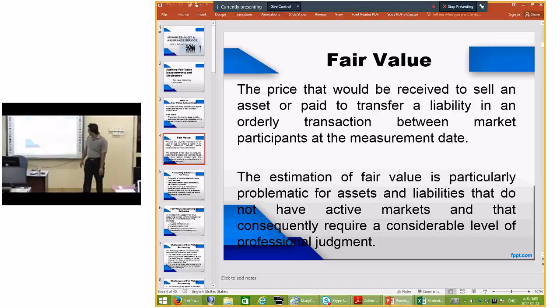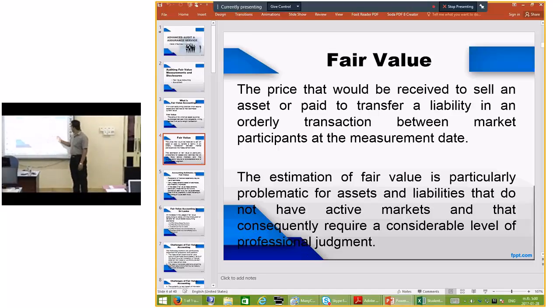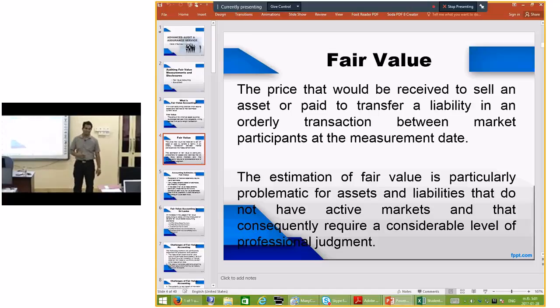Right, as we discussed, the estimation of fair value is particularly problematic for assets and liabilities that do not have active markets and consequently require a considerable level of professional judgment. If you don't find an active market for those assets and liabilities, then definitely we have to estimate the fair value of those assets and liabilities or the account balances.